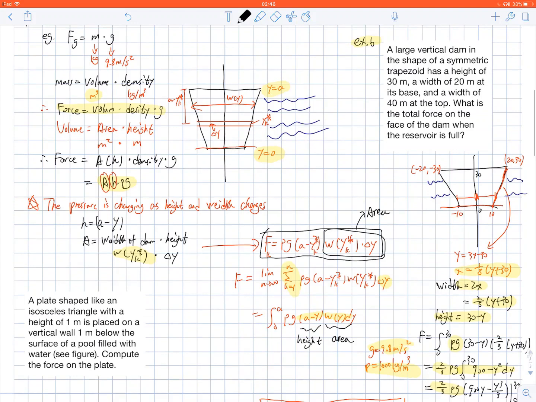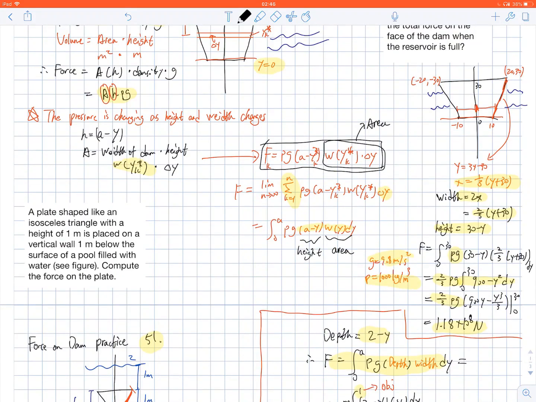As we introduced, we first want to calculate the height of the strips. It's really easy here, since the highest height of the water is 30. The height is always going to be 30 minus y.